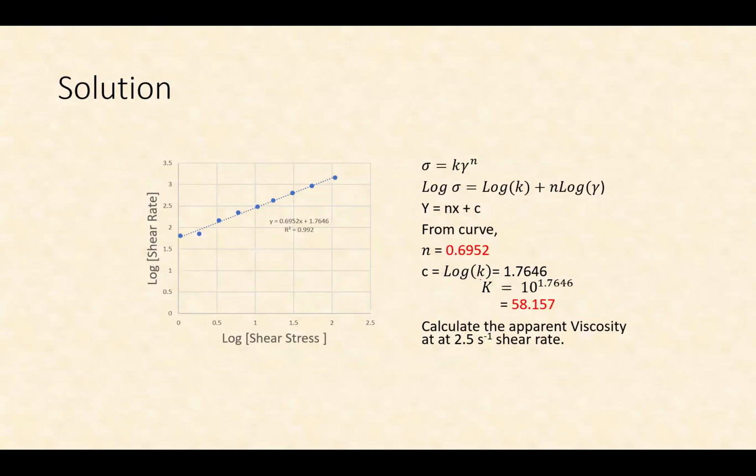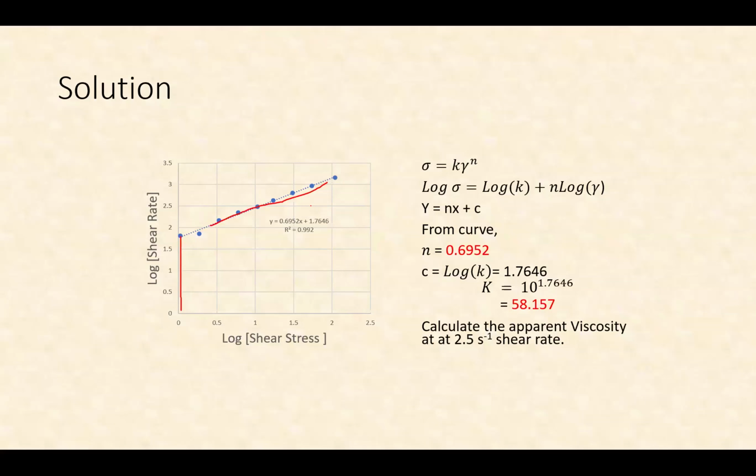you can see the log of shear rate and log of shear stress forming a straight line, and this is the intercept and this is the slope.